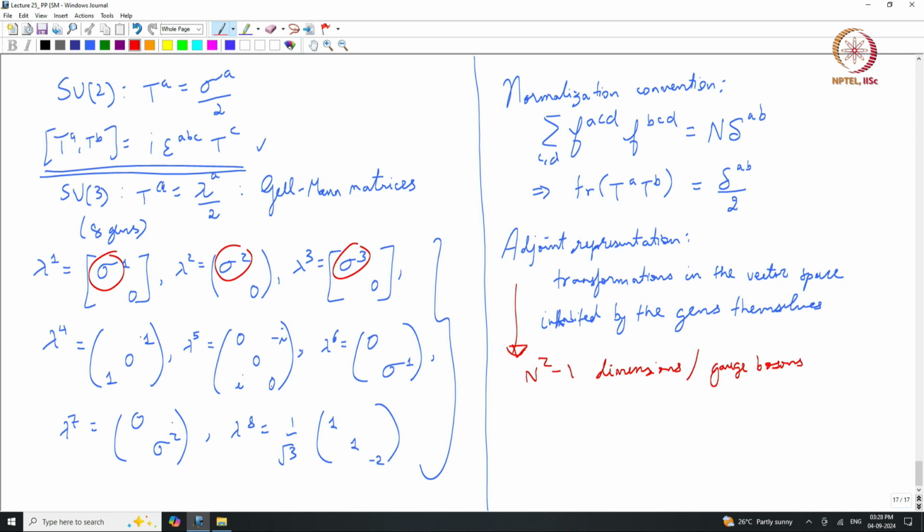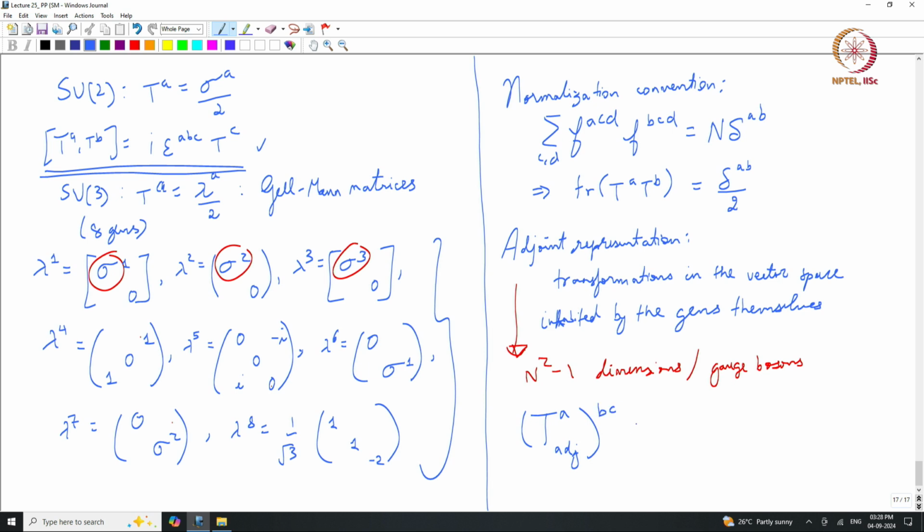And the really interesting thing now is, what are the generators in the adjoint representation? Remember, I just said you can have generators in every representation.